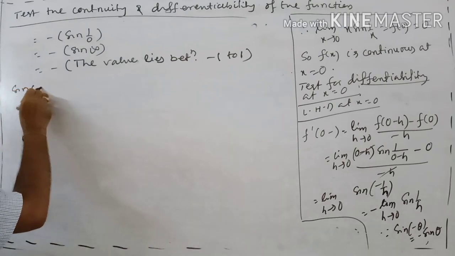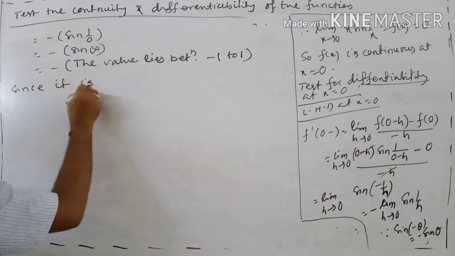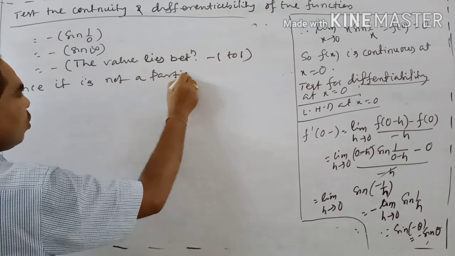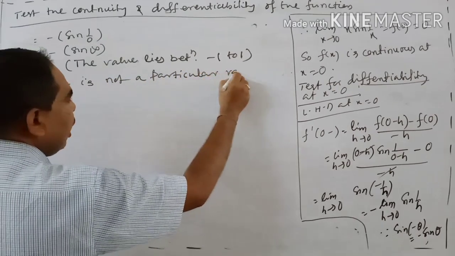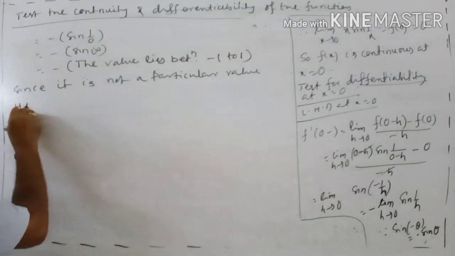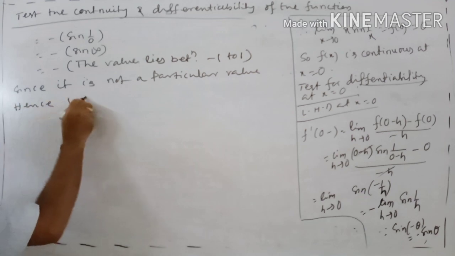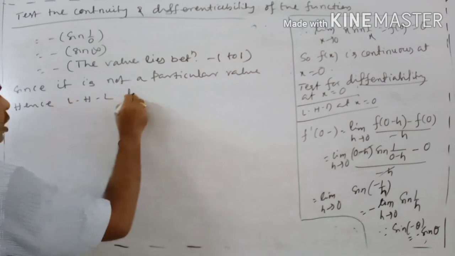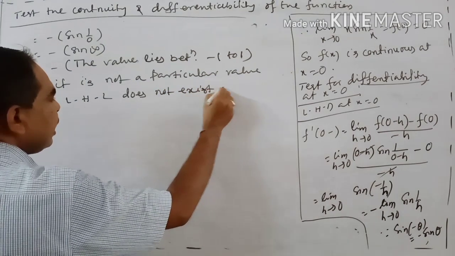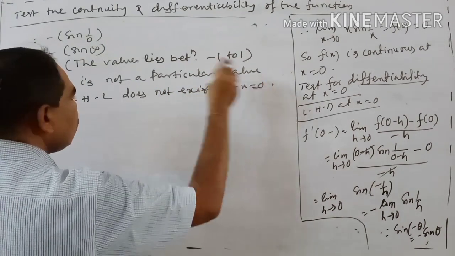Since it is not a particular value, hence LHL does not exist at x is equal to 0.